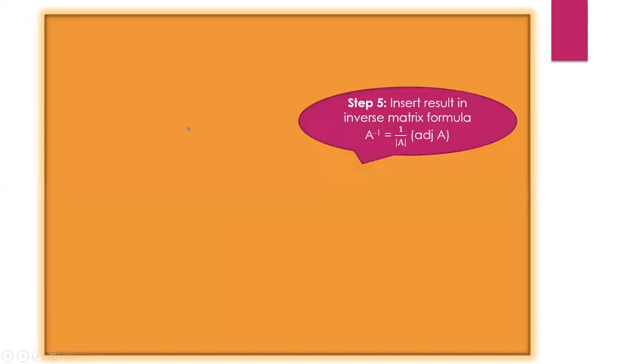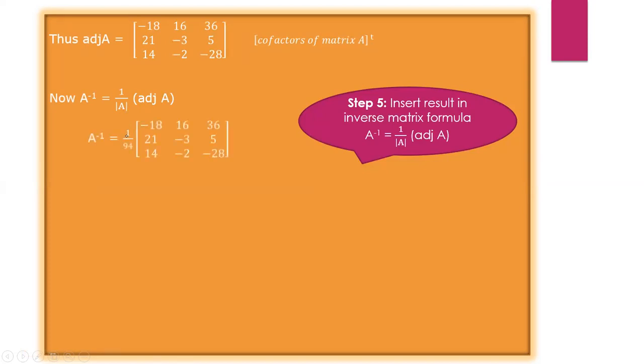Now in the next step, the adjoint of A is written again. Now the last step is we have to insert the result in the inverse matrix formula, that is A inverse equals 1 upon determinant of A multiplied by adjoint of A. So insert its values. 1 upon mod A means 1 upon 94 multiplied by this matrix as we have formed by taking the cofactors.